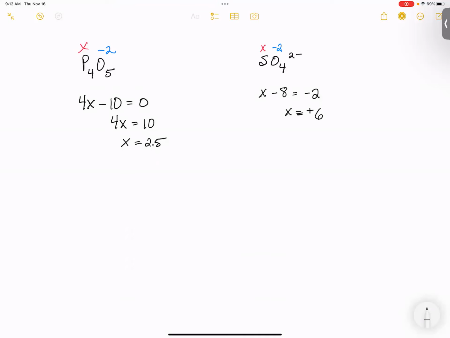That's the oxidation number for, or oxidation state for sulfur.